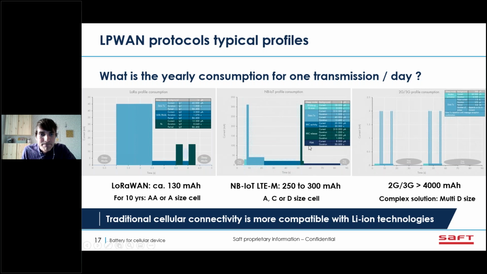Yes. Yeah. So here in this typical profile, this is an NB-IoT typical profile from a well-known module manufacturer, measured by a partner, and the maximum peak was at 310 milliamp for this NB-IoT module.